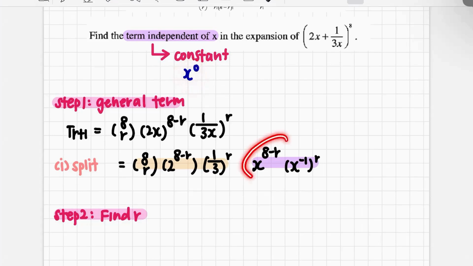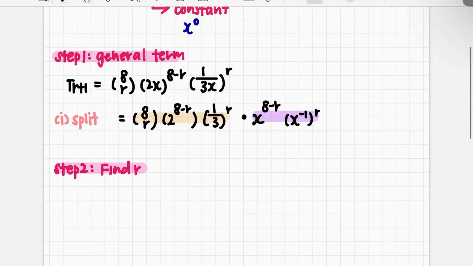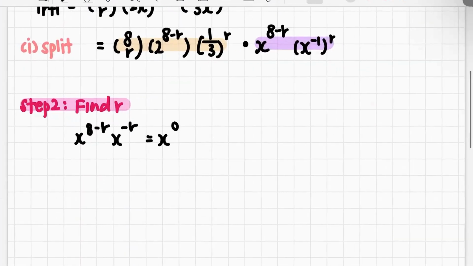So we're just going to take this portion over here and equate it to x power 0, because we want to find out what r is. So x to the power 8 minus r, times x to the power negative r, equals x power 0. Based on indices, we can combine the power and compare the power. This is a plus, so I combine this and it becomes 8 minus 2r equals 0. 2r is actually 8, which gives me r equals 4.